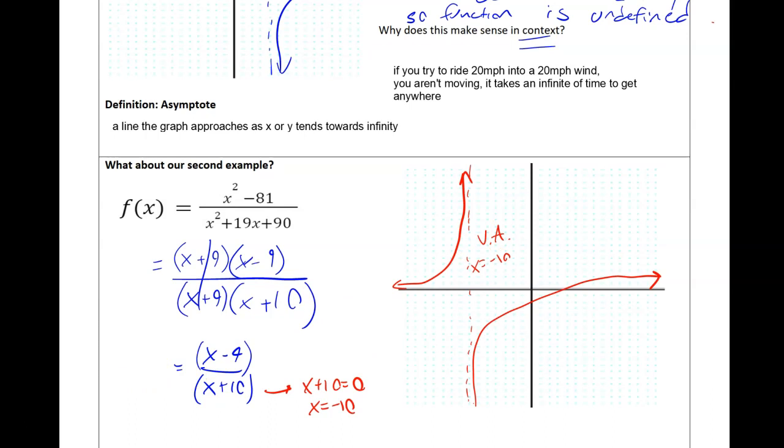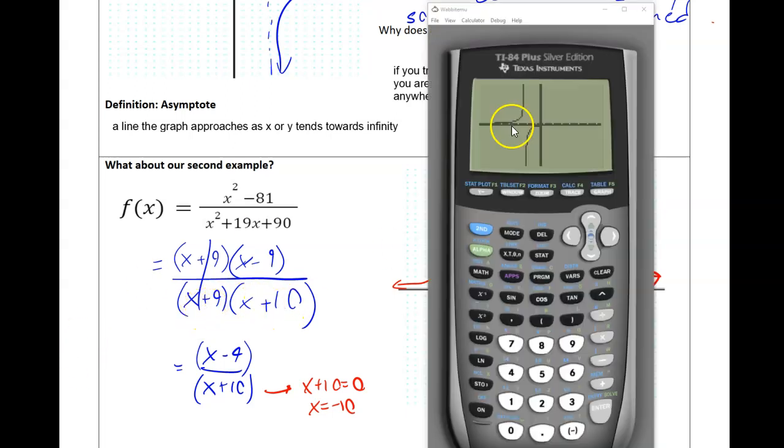So here's the trick now. This denominator has another 0, and that 0 is when x equals negative 9 from this factor, right? So we definitely have another discontinuity in this graph that we're not seeing. Look at the graph on my calculator. I definitely only see one asymptote. There's not a second asymptote at x equals negative 9.